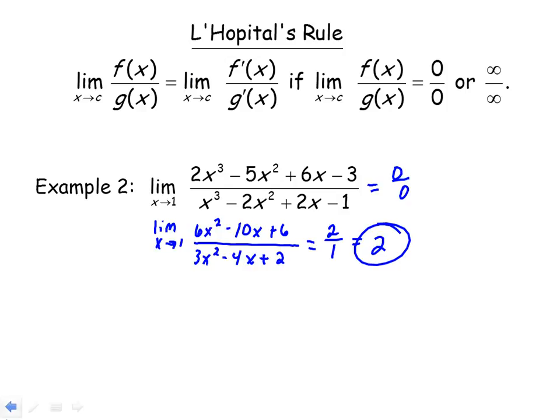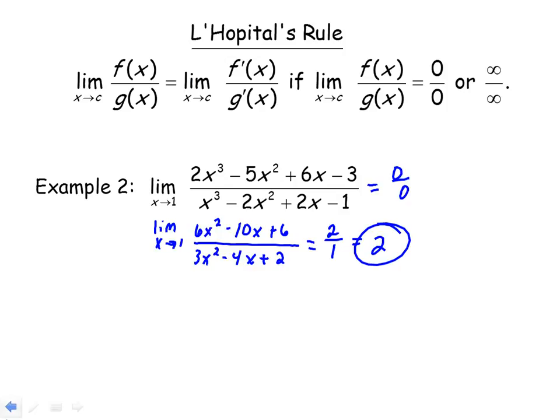If the Cal 1 techniques end up giving you an indeterminate form, 0 over 0 or infinity over infinity, first thing you're going to do is apply L'Hopital's rule. If you have a quotient, a fraction, a function over a function, L'Hopital's rule says to take the derivative of the top, the derivative of the bottom, and then apply the limit again.